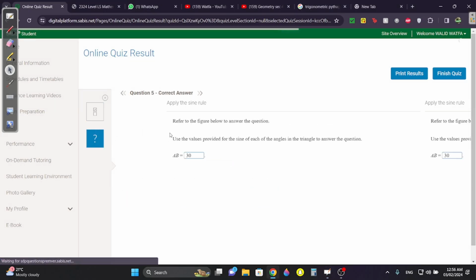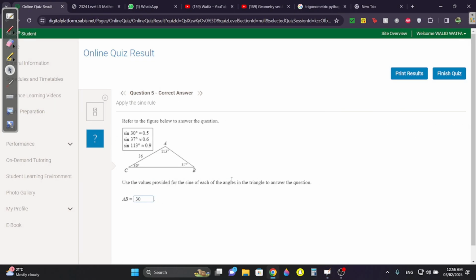Question 5. Use the values provided for the sine of each. Okay. They want AB. AB is opposite to 30, so we'll just call it C. Since it's opposite to angle C, we do sine C over C equals what we have given.